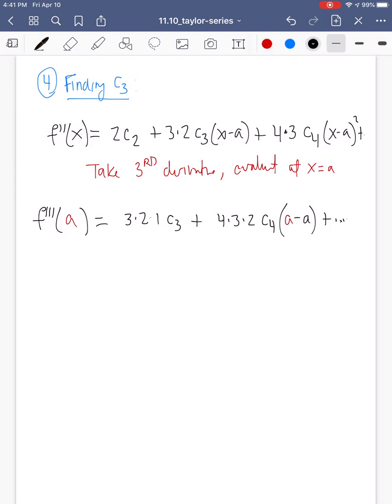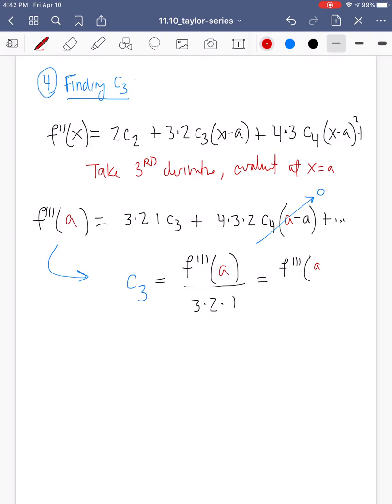And when we start evaluating all of those other terms, just like we saw before, those are going to 0 because we're getting a lot of a minus a's. So if we solve for c3, we'll find that c3 is equal to the third derivative of our function evaluated at a all over 3 times 2 times 1, which we could write equivalently as the third derivative evaluated at a all over 3 factorial.